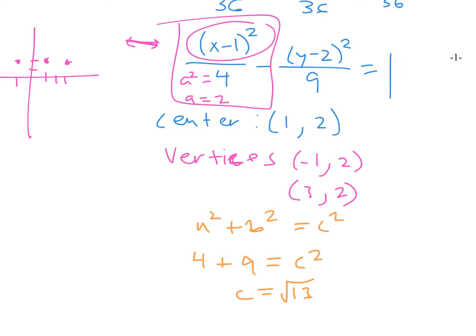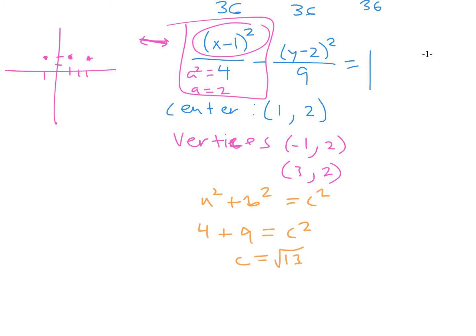So how can I write my foci as a coordinate point? Perfect. So foci is 1 plus or minus square root 13, comma 2. Since I'm going horizontally, my x changes, so I just add and subtract square root 13 from that.